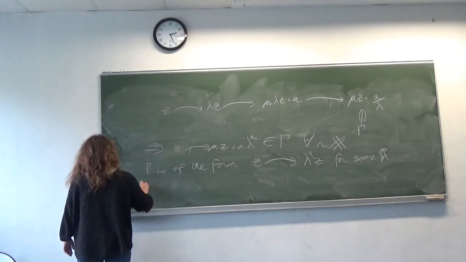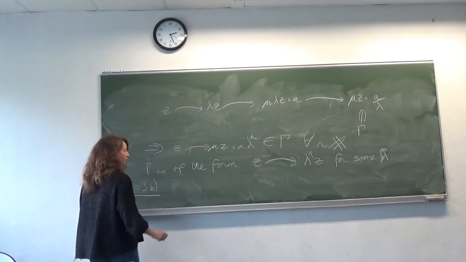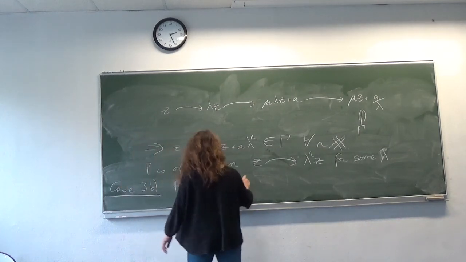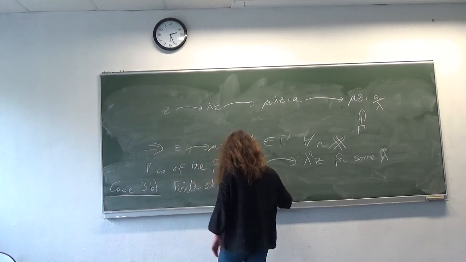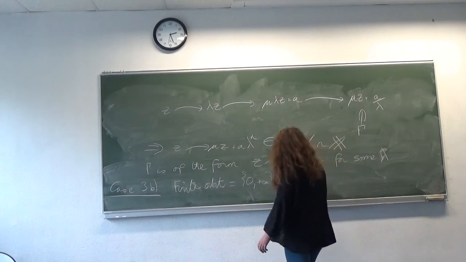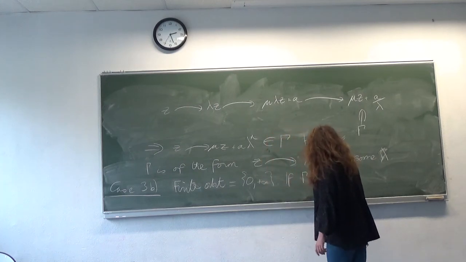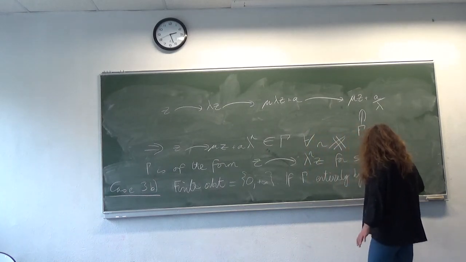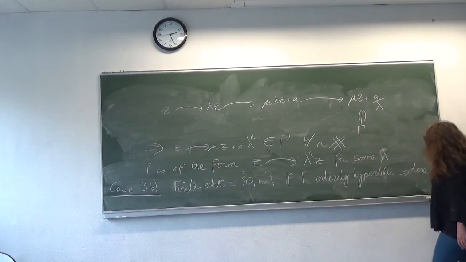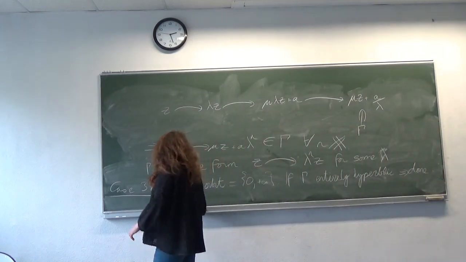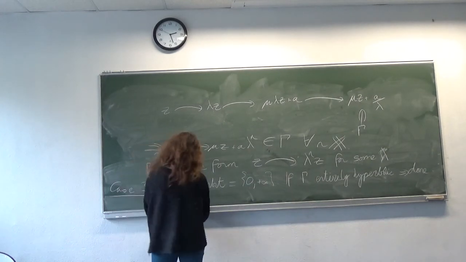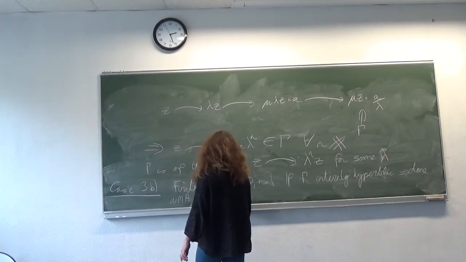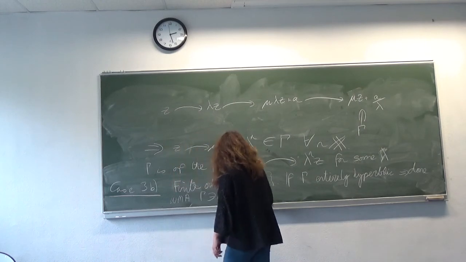So case 3b is the one where the finite orbit is {0, infinity}. And if gamma is entirely hyperbolic, we're done. Okay, so we may assume that gamma contains, let's call it alpha, an elliptic element.